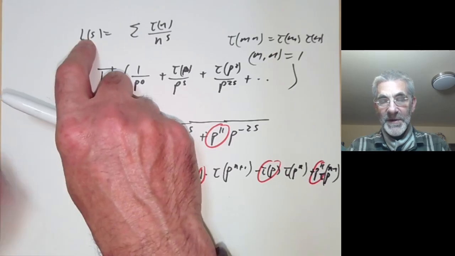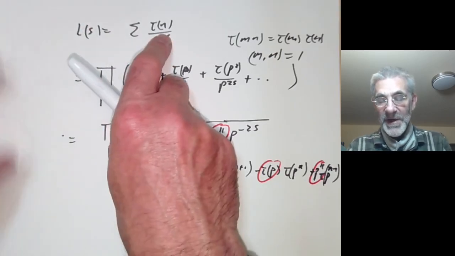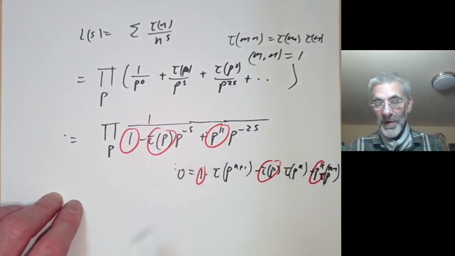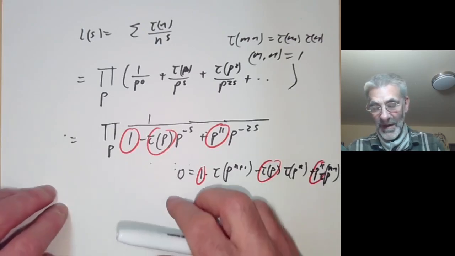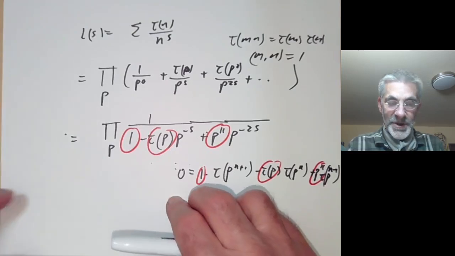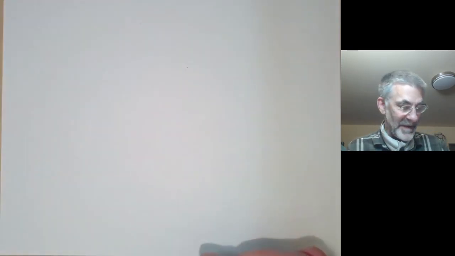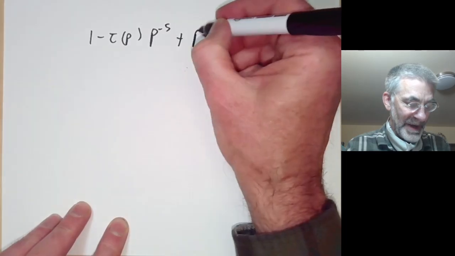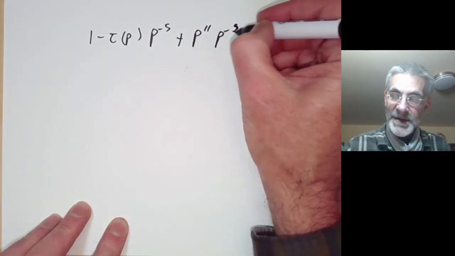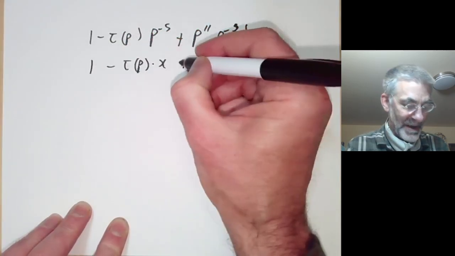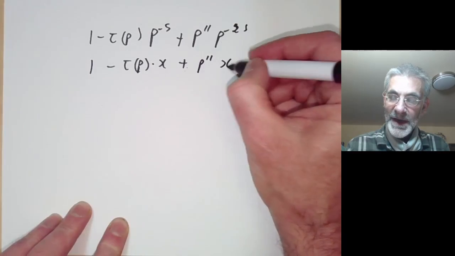This L series constructed from Ramanujan's tau function is indeed very similar to the Riemann zeta function. It's got an Euler product, a Riemann hypothesis, and so on. So there's a famous conjecture due to Ramanujan about this function. If you look at this expression 1 minus tau of p times p to the minus s plus p to the 11 times p to the minus 2s, you notice it's really a sort of polynomial 1 minus tau of p times x plus p to the 11 times x squared.